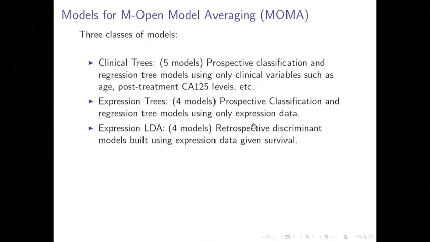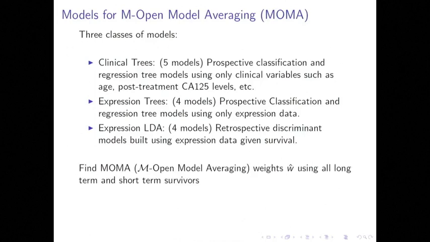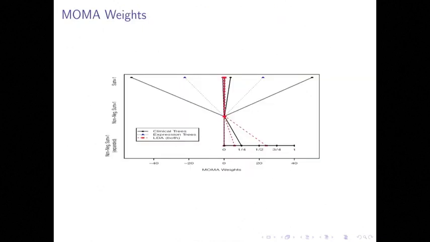The linear discriminant models involve a completely different likelihood. So it's not feasible to have one kind of model that would encompass both of those at this point. We can find the weights using all the long and short-term survivors, under those sum to 1 constraints and non-negativity.